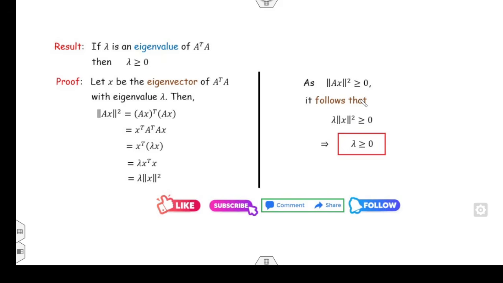So that means the first result is: the eigenvalues of A transpose A are always greater than or equal to 0. Similarly, you can prove that if lambda is an eigenvalue of A into A transpose, then it is always greater than or equal to 0.